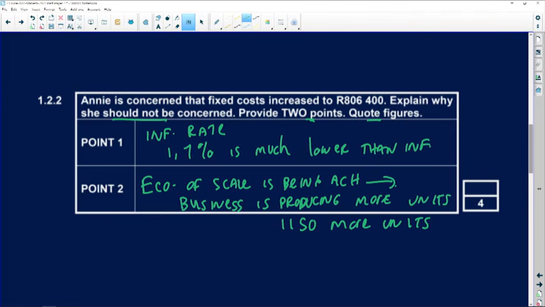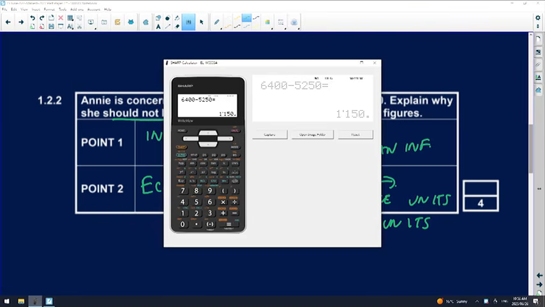Can you work out the percentage increase? Yes, you can, because let's work that out. So if we take the difference, 1,150 divided by the old, the previous year, which was this amount here, guys. So divide that by 5,250, right?